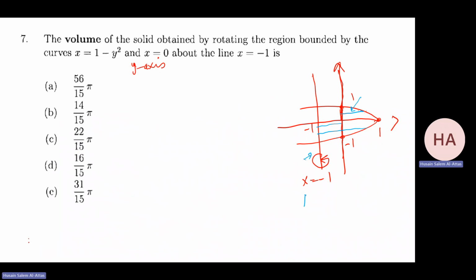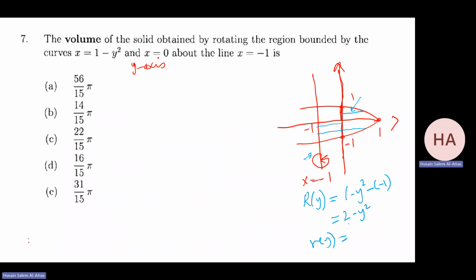So I have capital R of y. I'm doing everything in terms of y. It will be the function 1 minus y squared minus minus 1, which is 2 minus y squared.